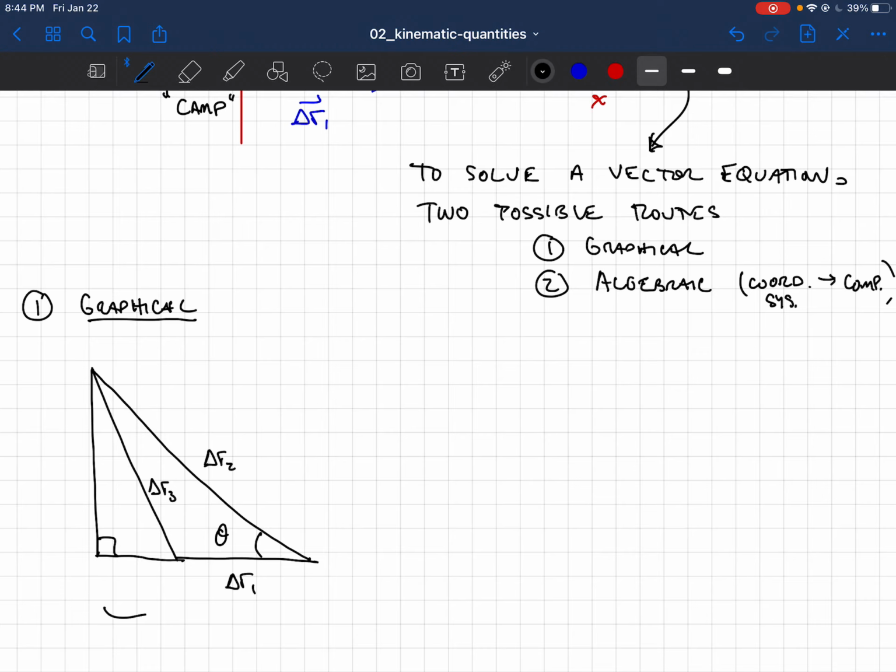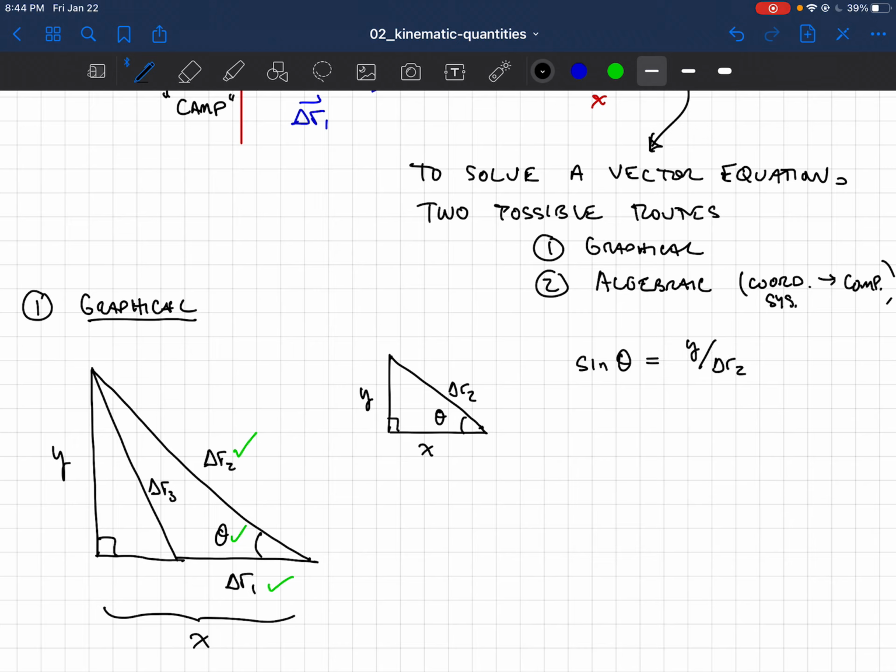Why is that useful? Well, I now can say that there's a side x and a side y, which I should be able to find using trigonometry, because I know what R2 is, I know what R1 is, and I know what theta is. So in this triangle, delta R2, y, and x, I can write sine of theta is equal to y over delta R2, and that means that y is equal to delta R2 sine of theta, and I can solve for that now.